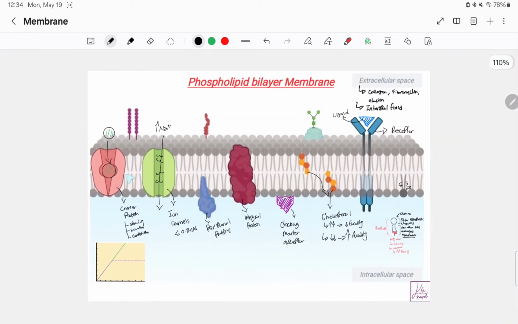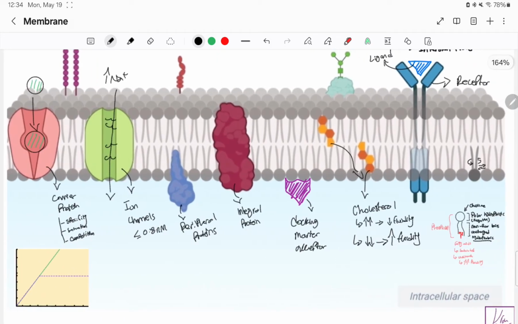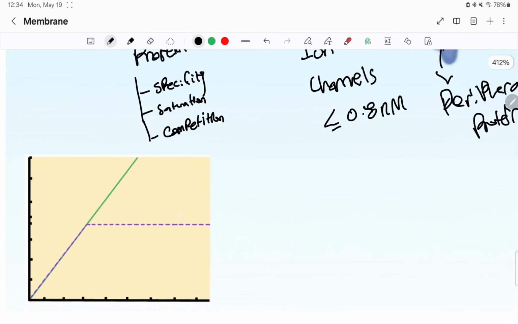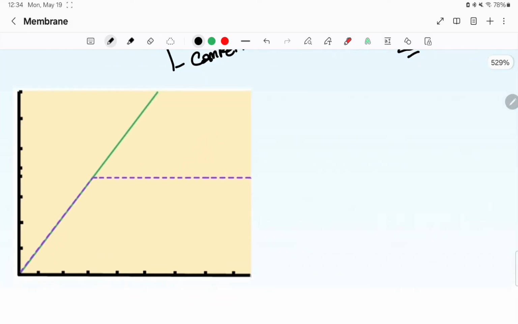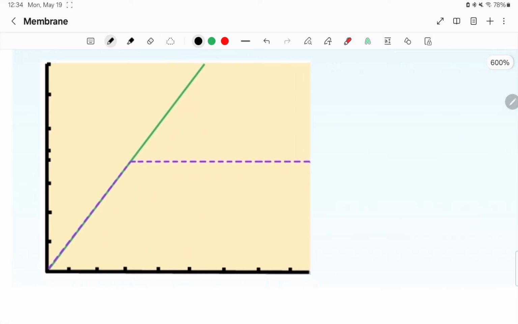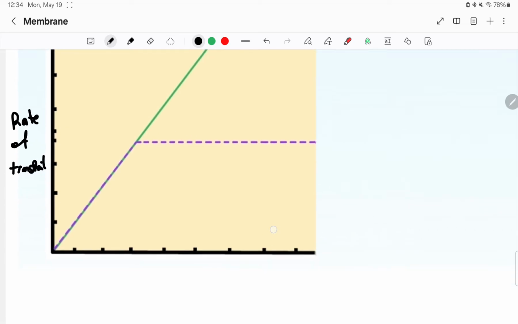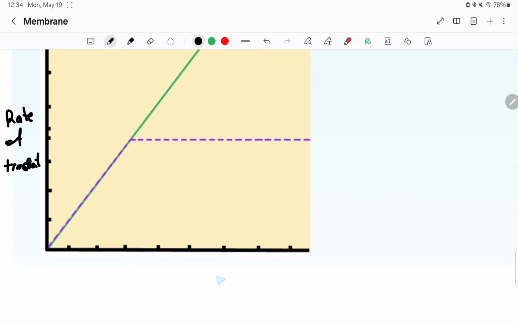Okay, so now you understand that these carrier proteins exhibit very specific properties, and we can actually demonstrate one of these properties using a graph. So let's say on the y-axis, we have the rate of transport of a molecule. On the x-axis, we have the concentration of that molecule, so low concentration to high concentration.